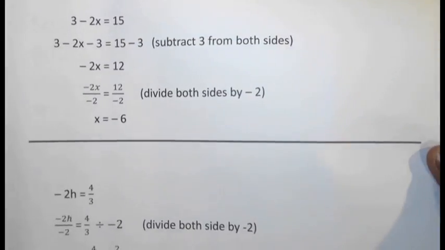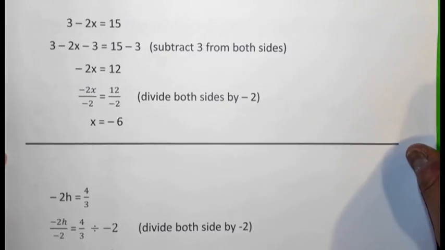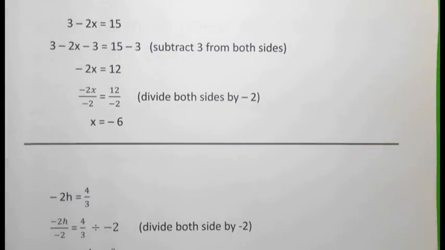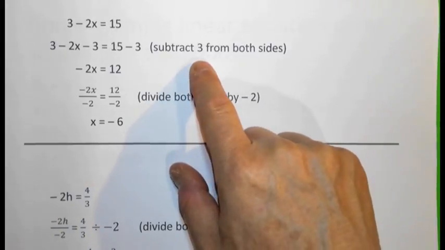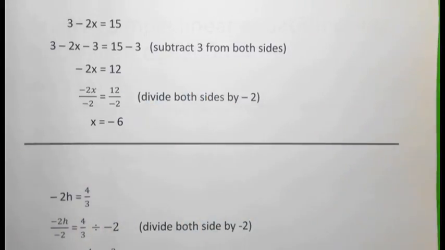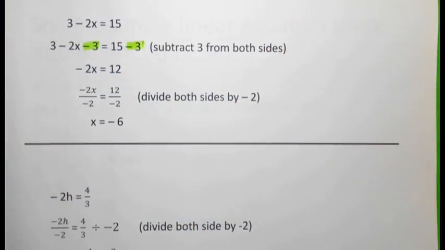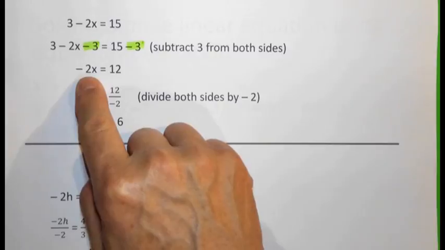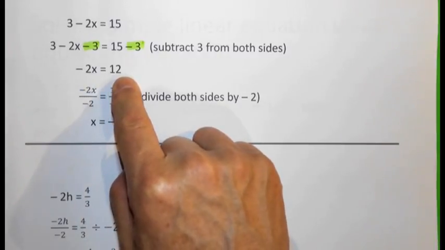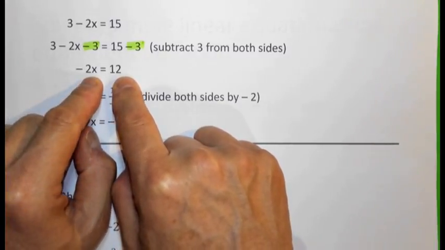We have a few more examples to look at. This time, let's look at 3 minus 2x equals 15. First, we subtract 3 from both sides. The equation we get is minus 2x equals 12. So this is the equivalent equation to that one.